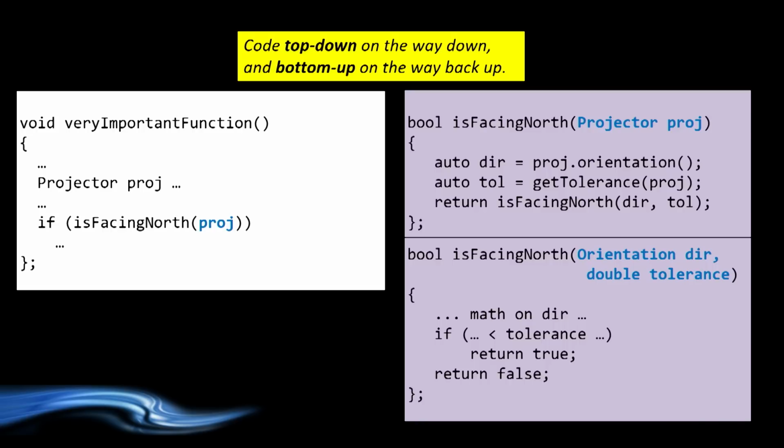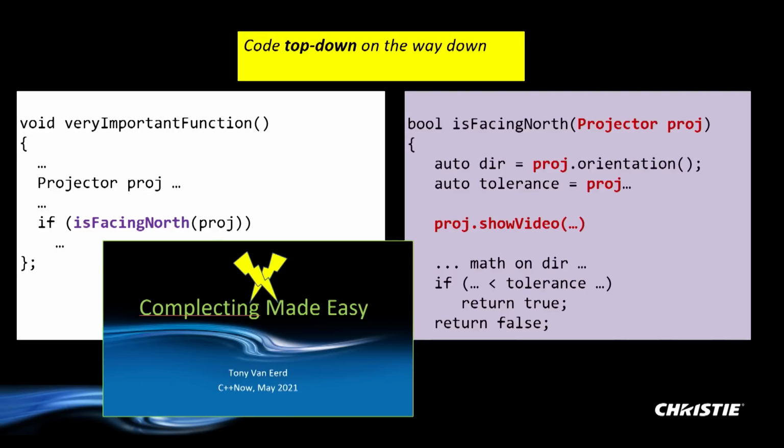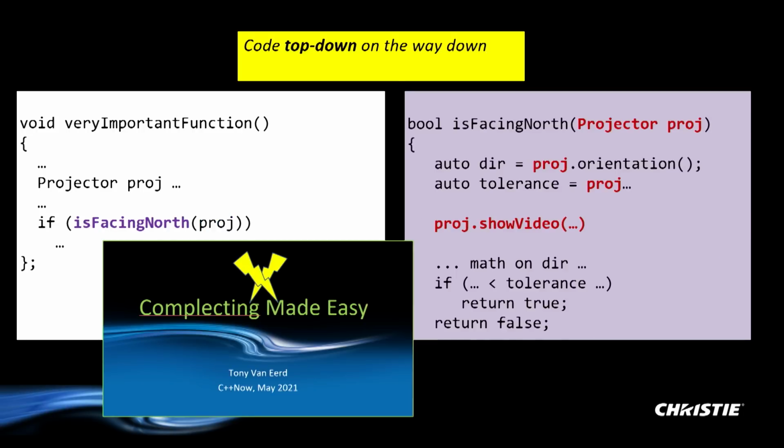Because when you started, you wrote this function that took a projector. That was on the way down. I need a function that tells me about the projector, so I write that function. But you run this risk of complecting, so instead you work your way back up and you bring balance to the force, et cetera. Because you look at what the function really needed.